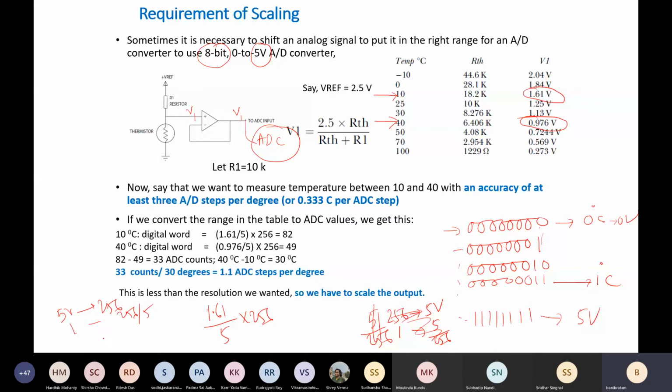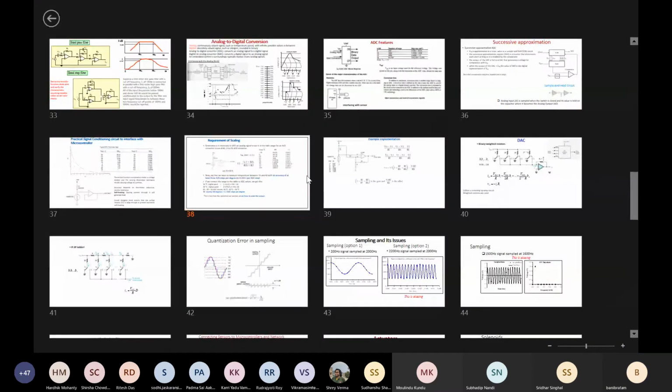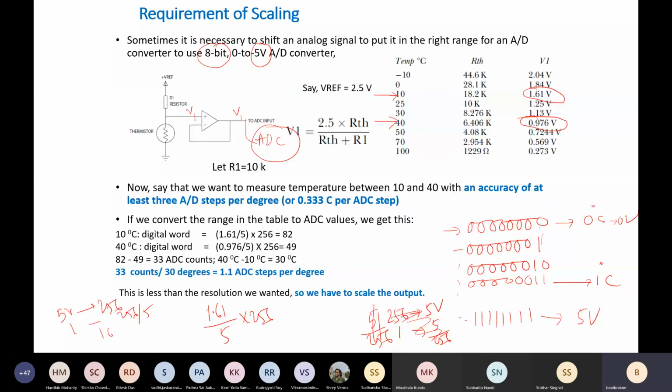So 1.61 volt will correspond to 1.61 by 5 into 256, right? So 1.61 by 5 into 256, the digital value is coming as 82.